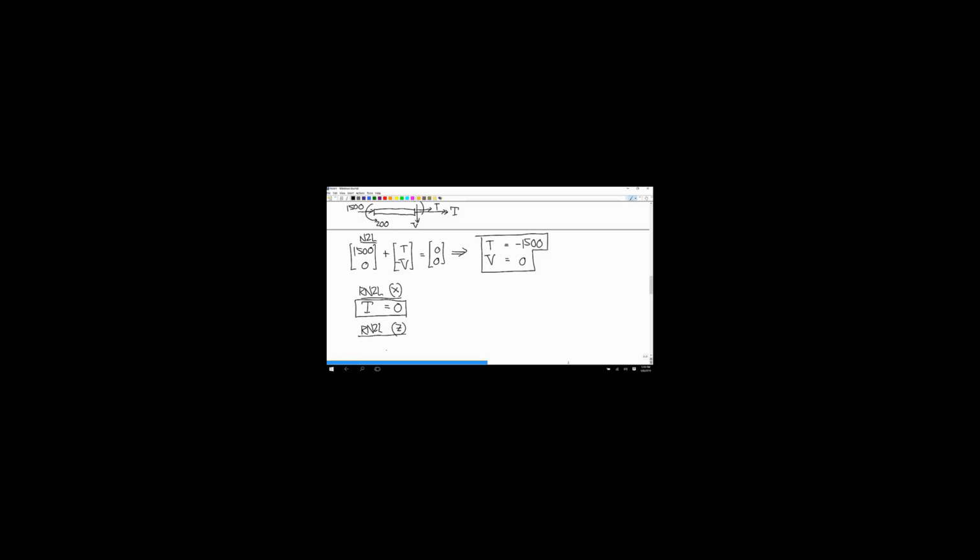The left end, we have a moment of positive 200. At the right end, we have a moment of positive 200, the bending moment. And so the bending moment is equal to negative 200.